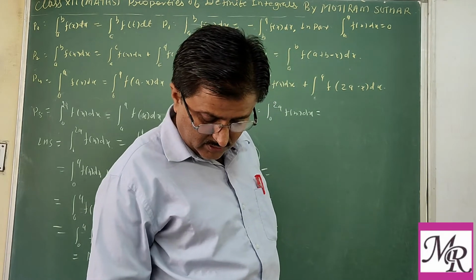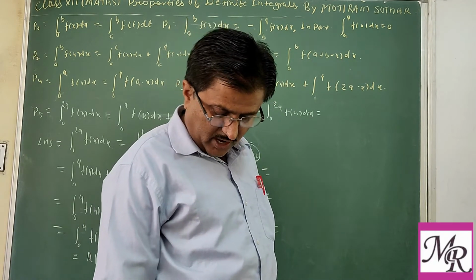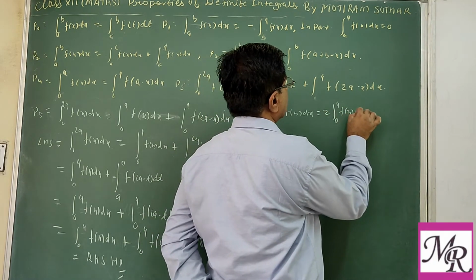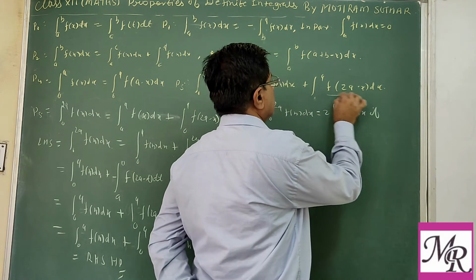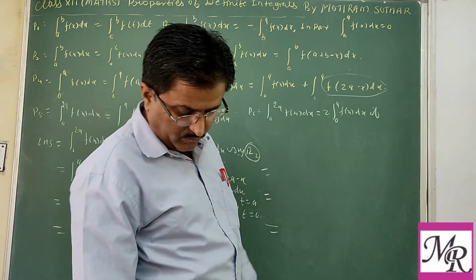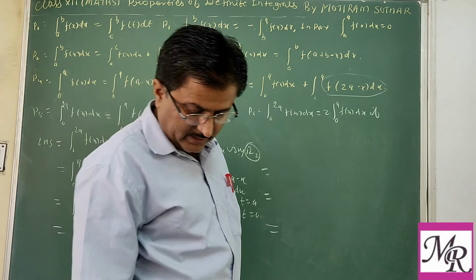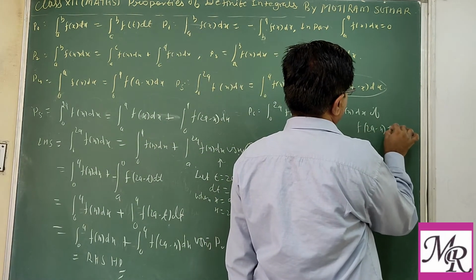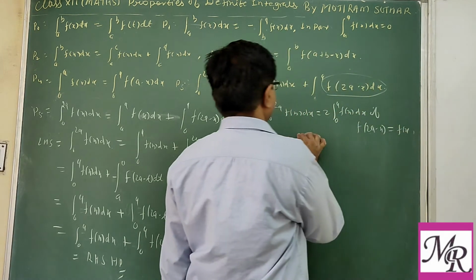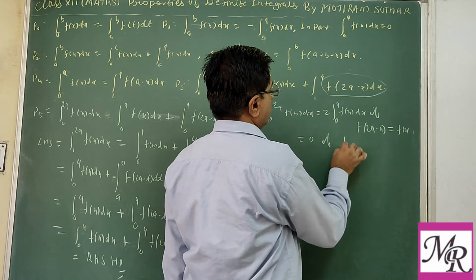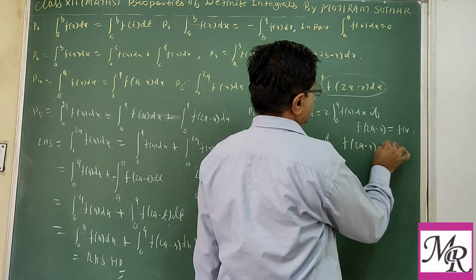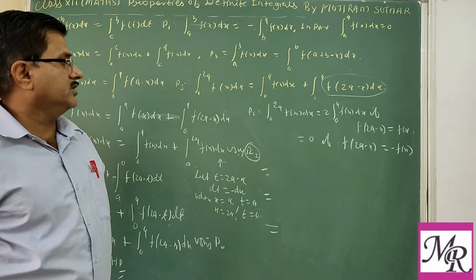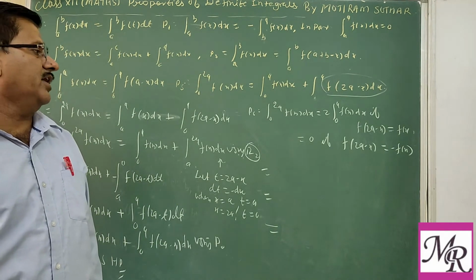This is equal to twice the integral from 0 to a of f(x) dx if f of 2a minus x equals f(x), and this will be 0 if f of 2a minus x equals minus f(x). So this is a conditional property of the definite integral.